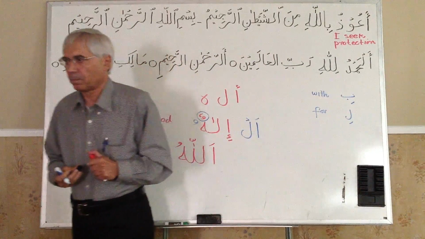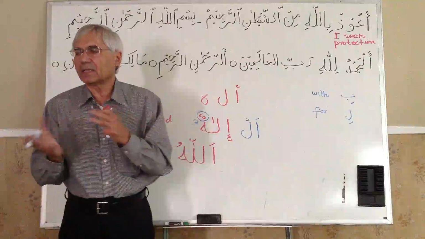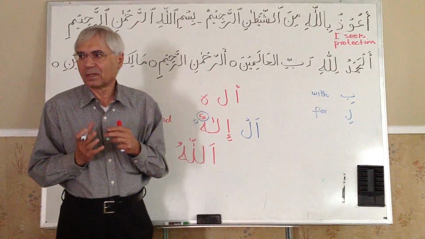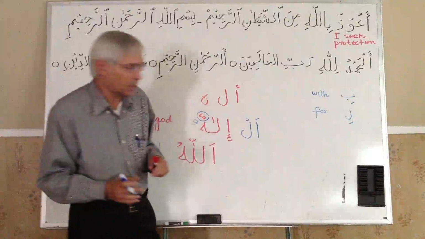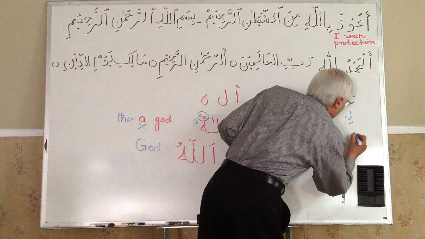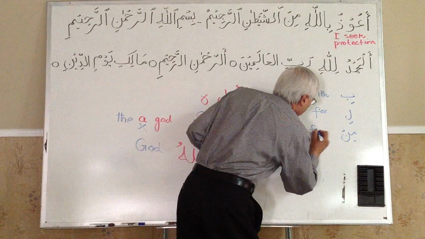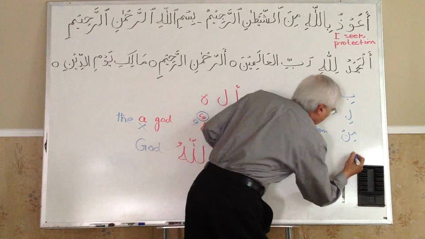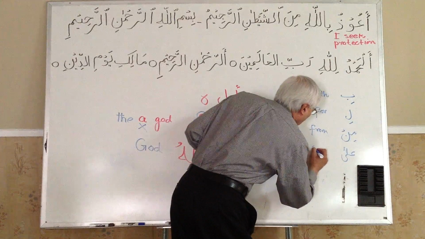And there are five or six of these. Like in English, they are called prepositions. Okay, with, for, above, and things like that. For example, min. Min means from. And ala means on.